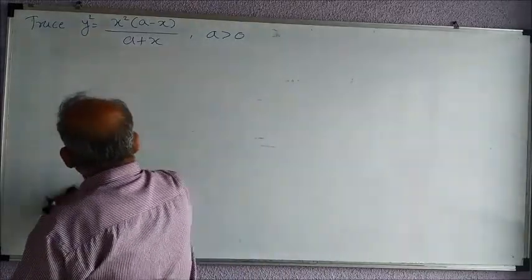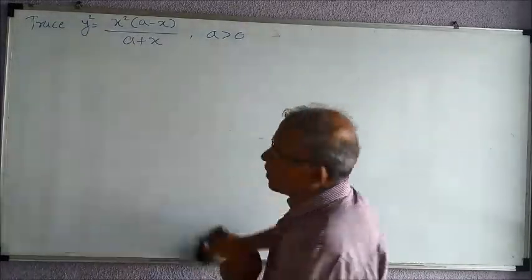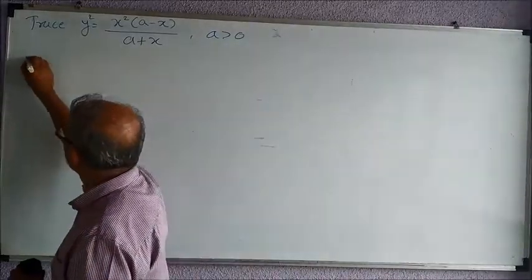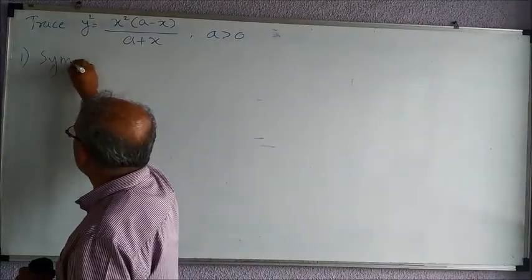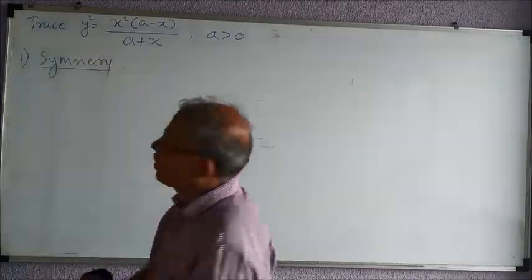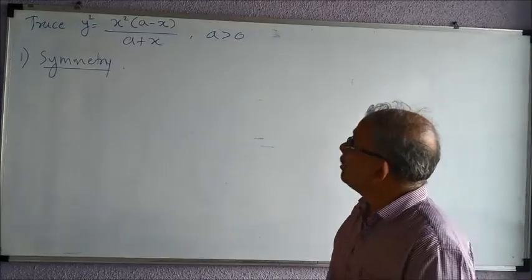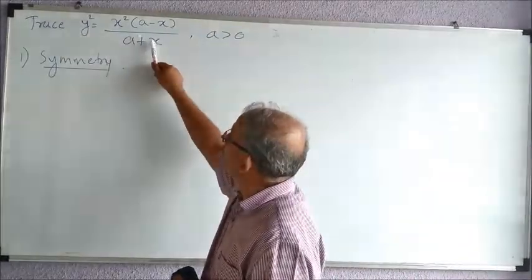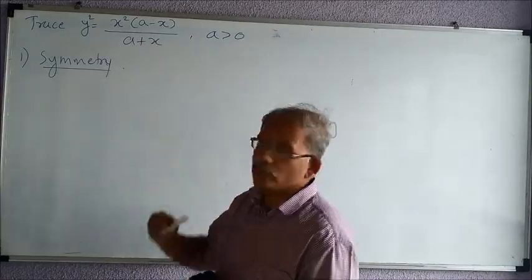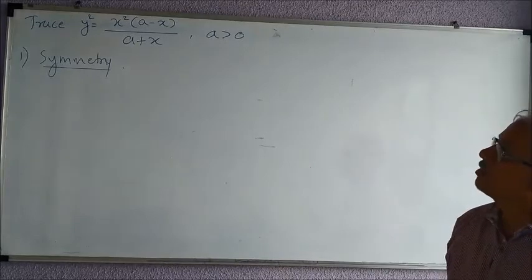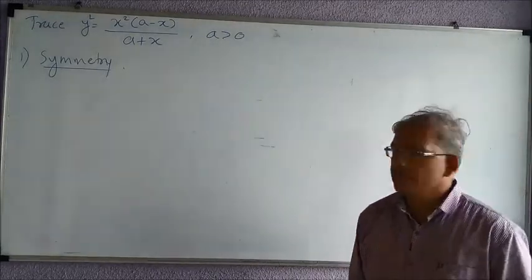So I'll proceed with the same criteria. I'll start with first of all the symmetry. See that here again the degree of y term is even, but degree of x term here is odd. Here also it is odd. So definitely the curve is symmetric about x-axis.